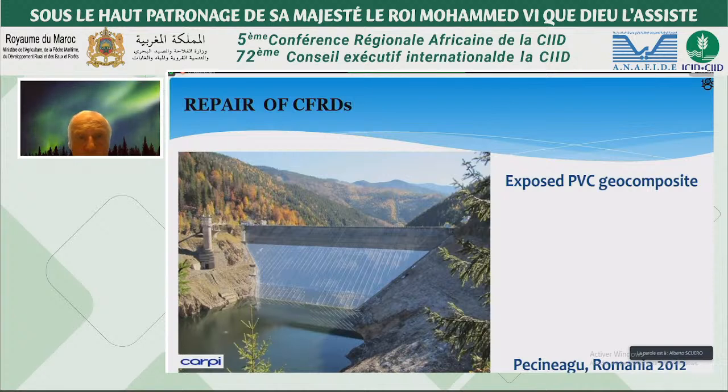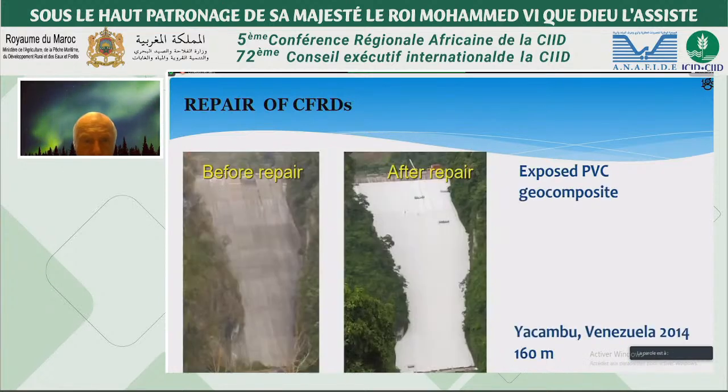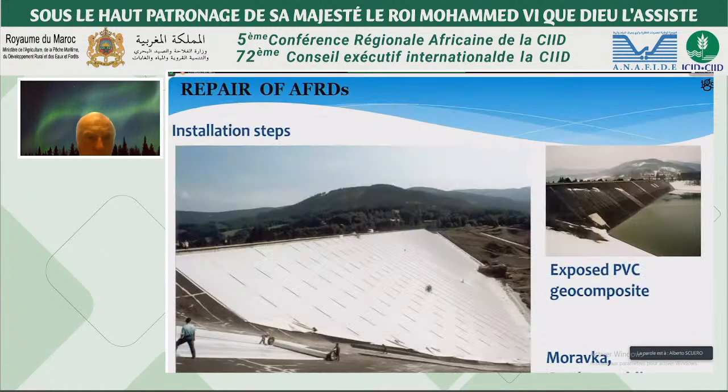They've been used for the repair of concrete face rock-filled dams, like at Pecineagu in Romania, or at Yacambú in Venezuela, a 160-meter high dam. We can see the picture before the repair and after the repair with the exposed PVC geocomposite.